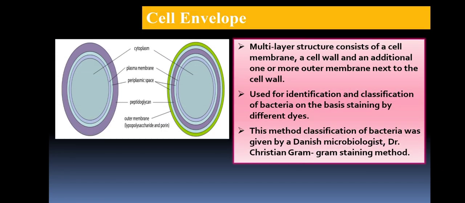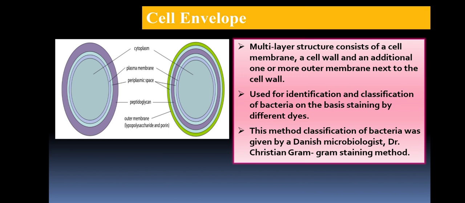The bacterial cell envelope is a multi-layer structure enclosing the protoplasm and consists of a cell membrane, a cell wall, and one or more additional layers next to the cell wall, such as an outer membrane or capsule. Here you can see, just next to the cytoplasm, a thin layer; that is the plasma membrane.